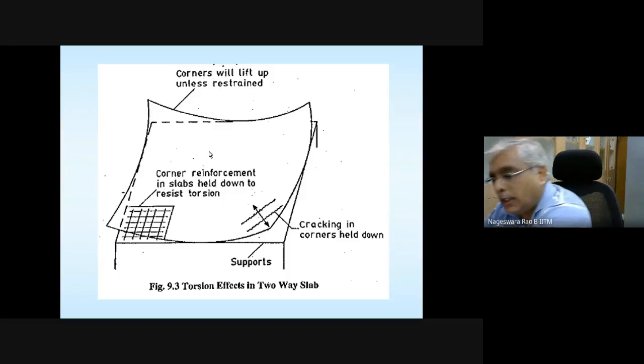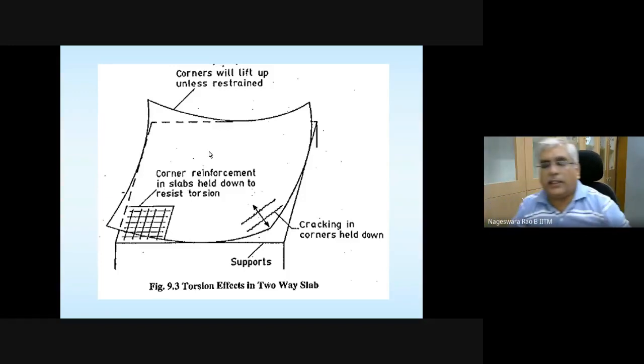So Annexure D gives you two cases: when there is a provision to prevent the corners from lifting up, or when there is no provision to prevent the corners from lifting up.